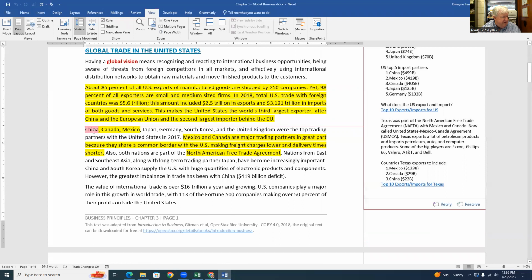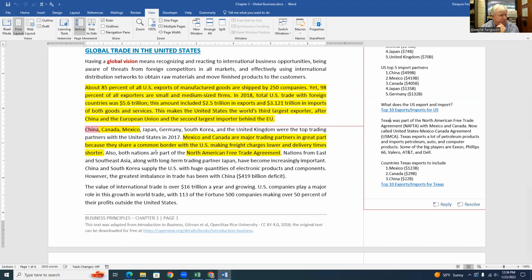Well, here it says China, Canada, Mexico, and it gives a list of the top trading partners. You might want to just highlight China, Canada, Mexico, like I did here. Those are our top trading partners. And of course, the main reason we trade so much with Canada and Mexico is we're right here together.